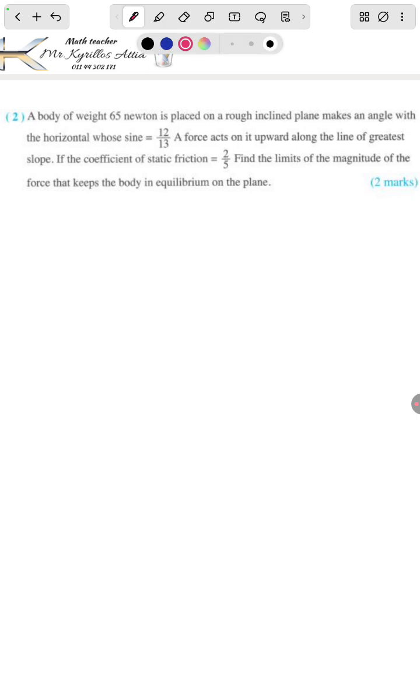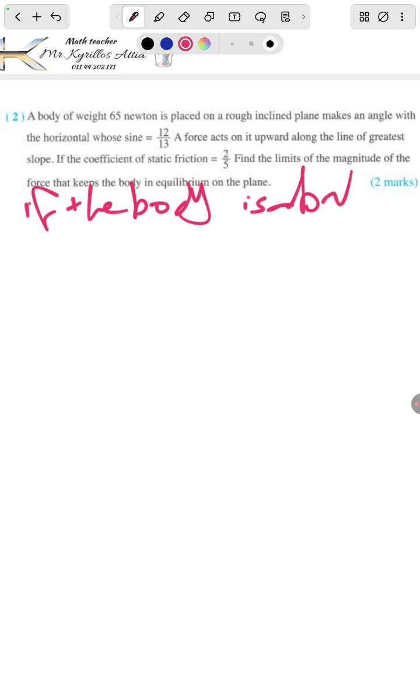Firstly, if the body is about to slide down.